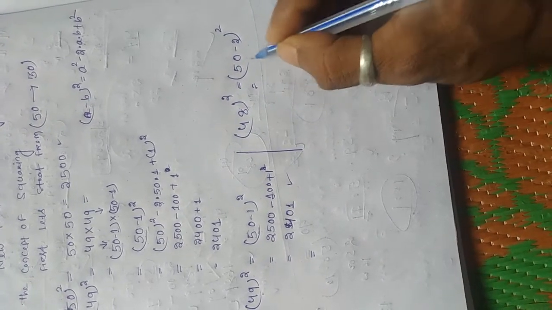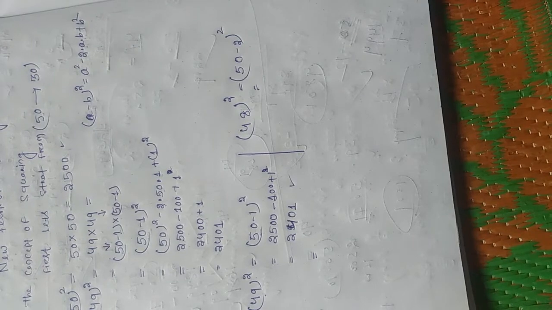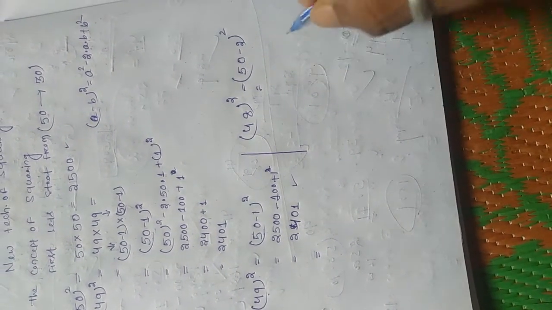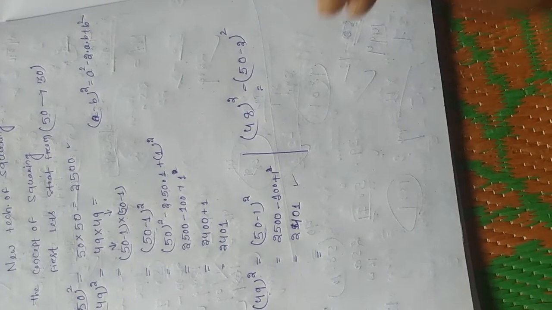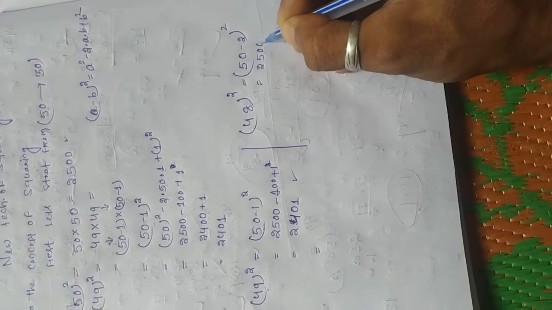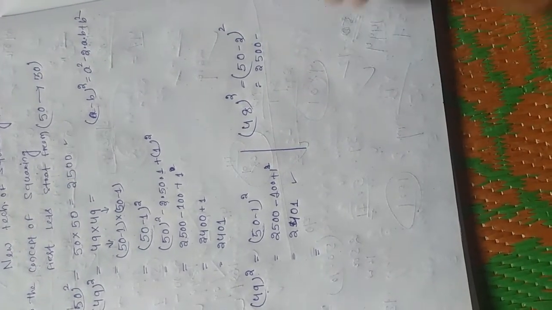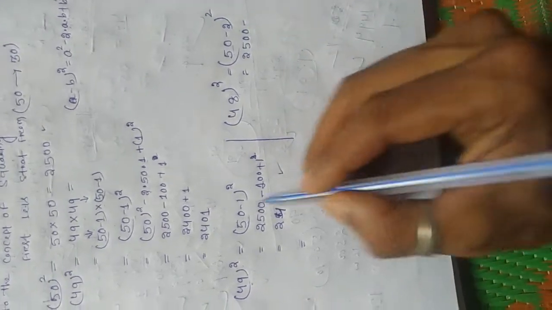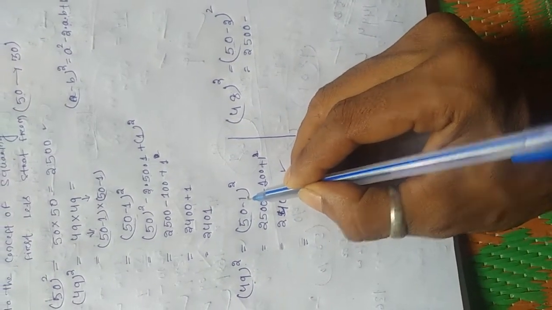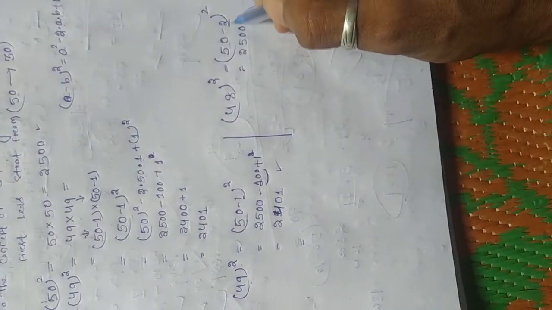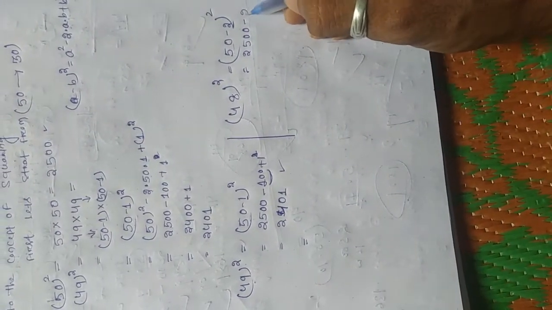I am writing it, but you should do it in your mind. This is the logic: here it was 1, so we minus 100; here it is 2, so how much will we minus? Minus 200, here the logic is 2ab.